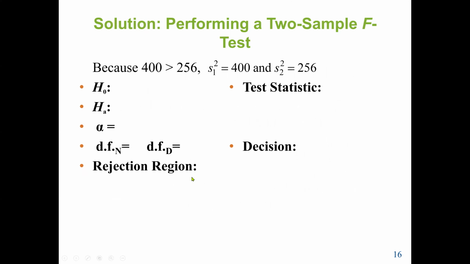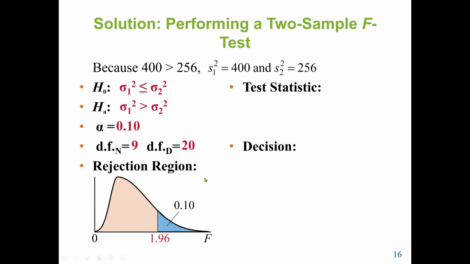So we get 10 minus 1 is 9, 21 minus 1 is 20. So now we have all our three values here: alpha, degree of freedom for numerator, degree of freedom for denominator. So we can find the critical value and draw the rejection region.